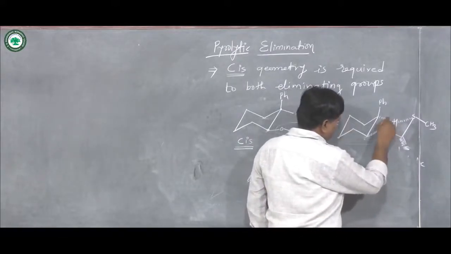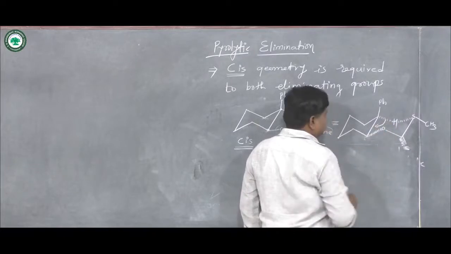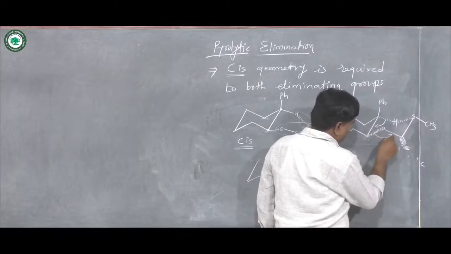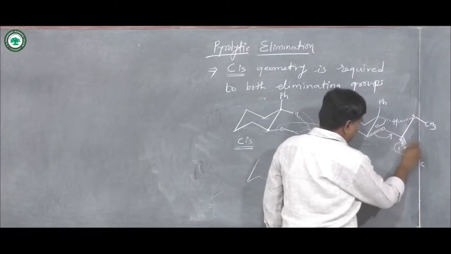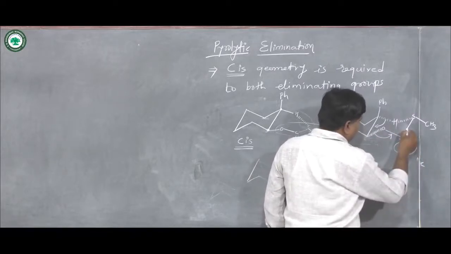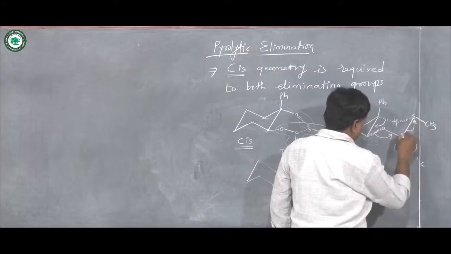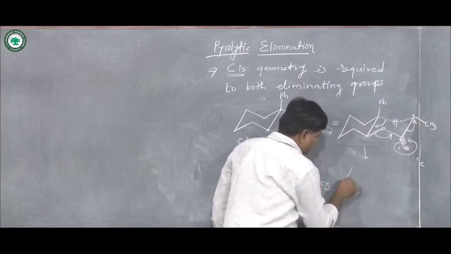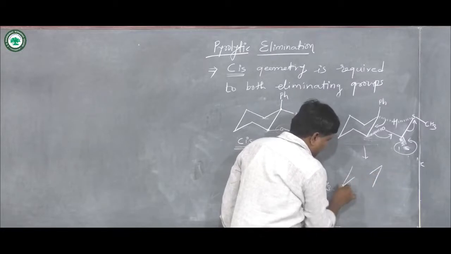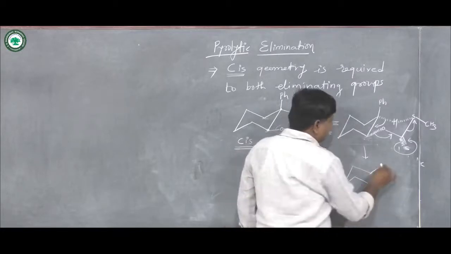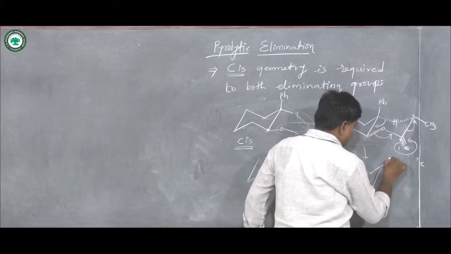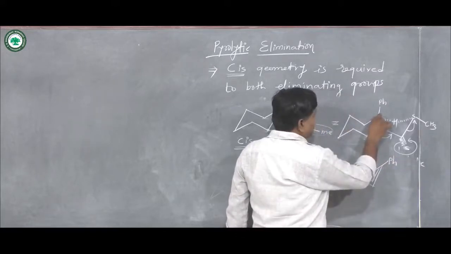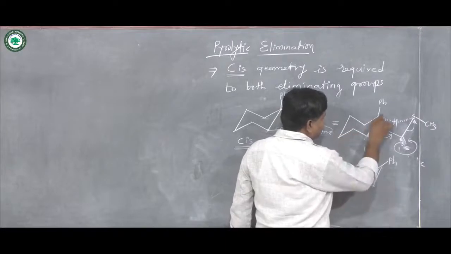Suppose this hydrogen carbon bond breaks, this carbon oxygen bond also breaks, this bond is rotated here, and this carbon sulfur bond is broken, and we get here a simple product. This is phenyl, which is present on an sp2 hybridized carbon.